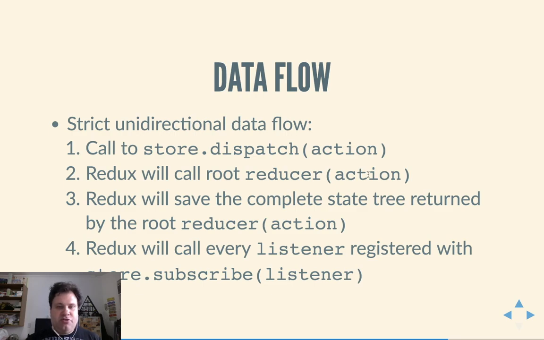The reducer is going to then return the new state of the application based on the previous state and the action that has been received. And Redux is going to save that complete state tree that was returned by the root reducer in the store. Right afterwards, Redux will call every listener that has been registered with the store, calling the listener callback with the state changes.